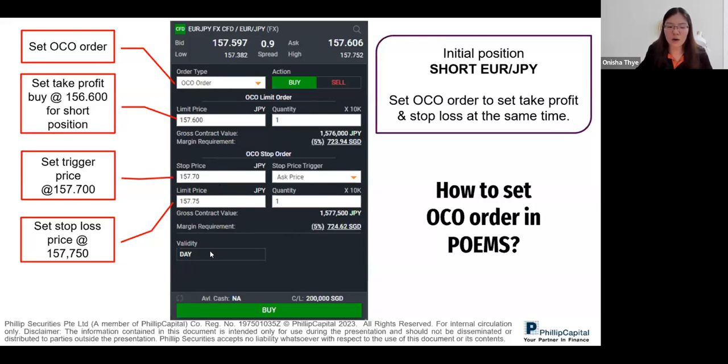It is not valid like good till cancel or good till date. That is another type of order, but for now, OCO orders are valid for the day. After the day has expired, you will have to reset it. Yes.